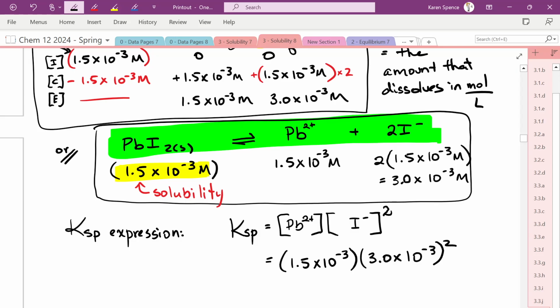So we have 1.5 e negative 3 times 3 e negative 3 squared equals 1.35 times 10 to the negative 8.